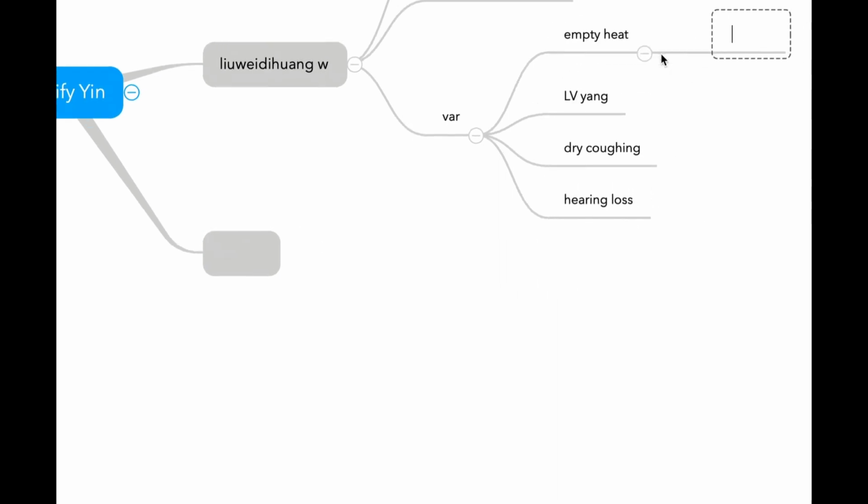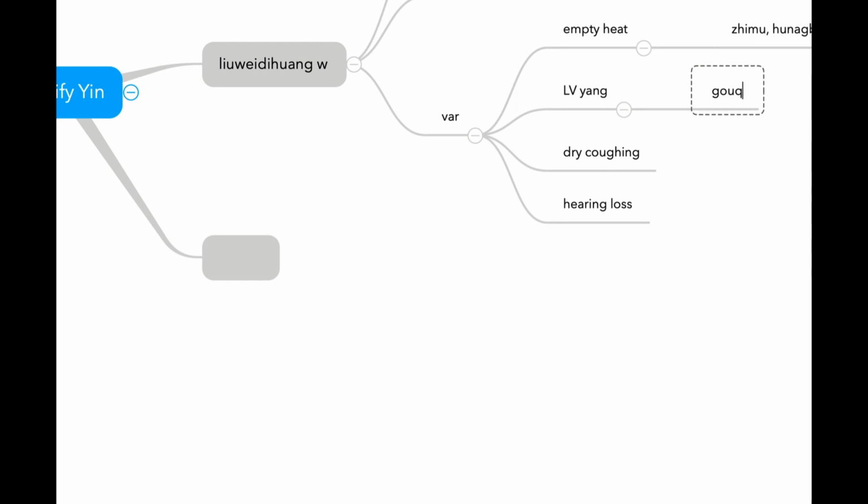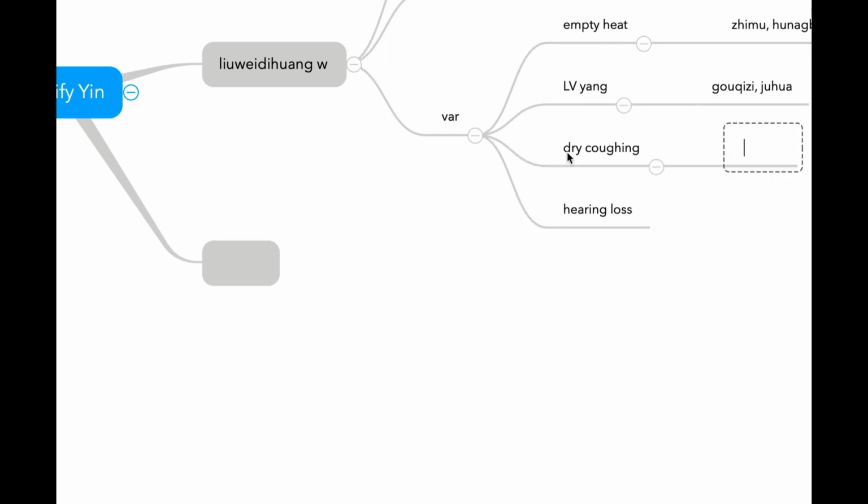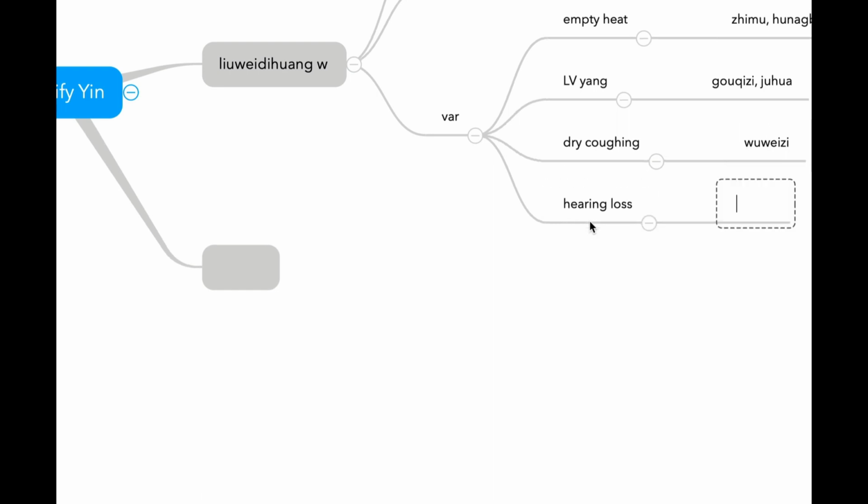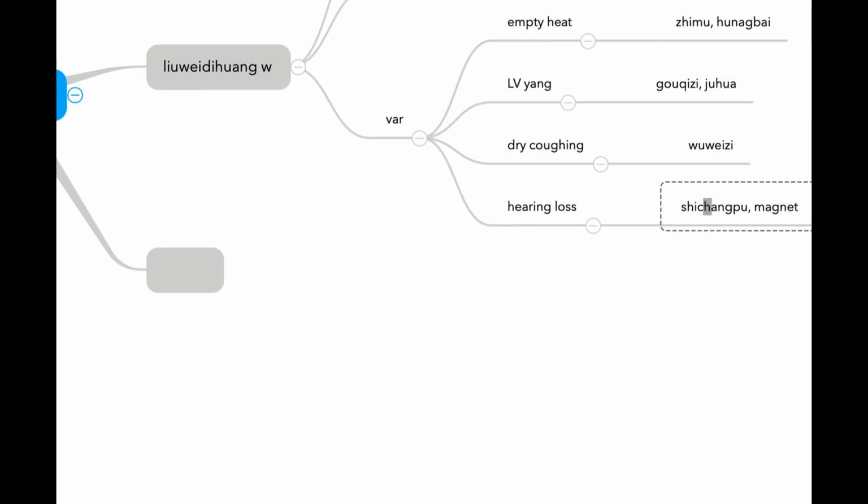Empty heat, Zhimu and Huangbai. Right? And liver yang, Gouqizi and Juhua, so goji berry and chrysanthemum. And dry coughing, Wuweizi. And hearing loss, Shichangpu, Da Zexie, Zexie.